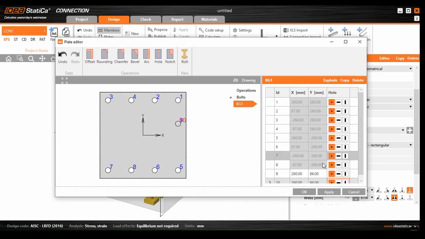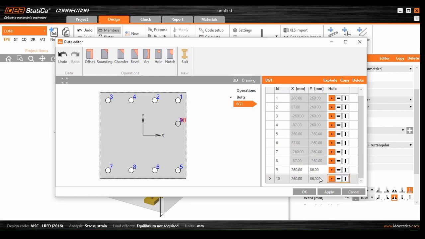Click copy again, change 86 to -86, and by the way, we divided 173 by 2 to get the suitable distance we need to put our holes here.